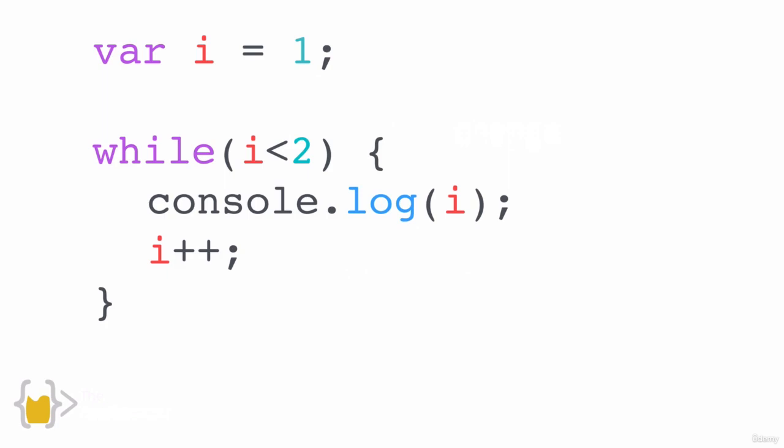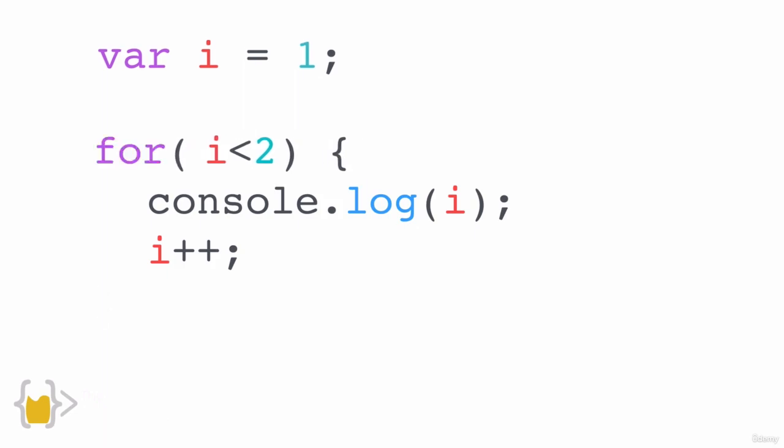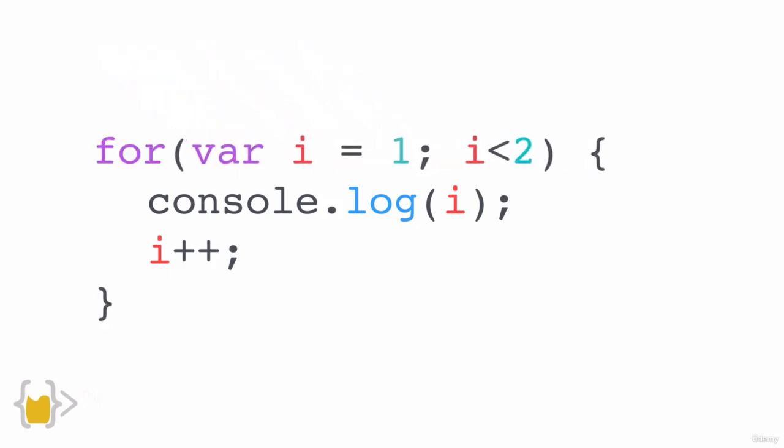So if we take a look back at the while loop that we should now be familiar with, you can see that the for loop is essentially just a reshuffling of all the elements of the while loop. So we're changing the while keyword to the for keyword, and then the var creation goes into the parentheses, defining the starting point. So we're starting from 1. Then the next thing inside the parentheses is the ending point of the for loop.